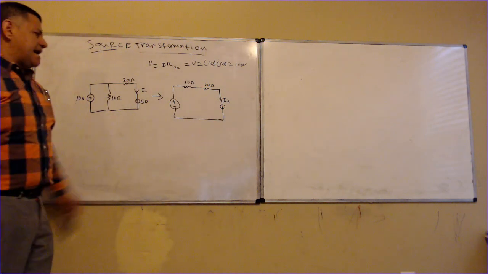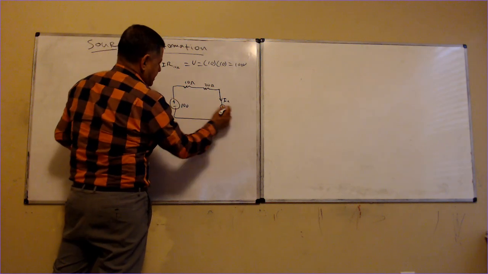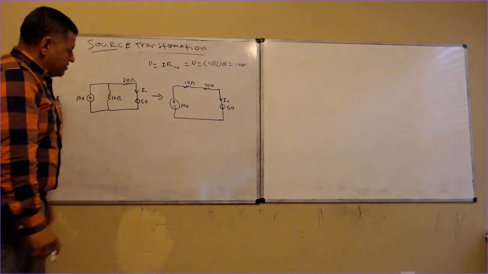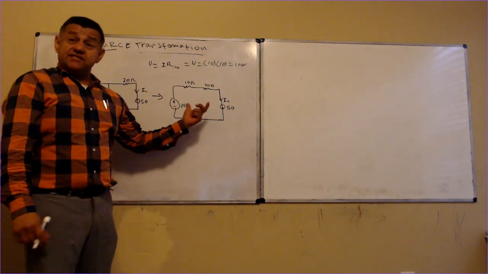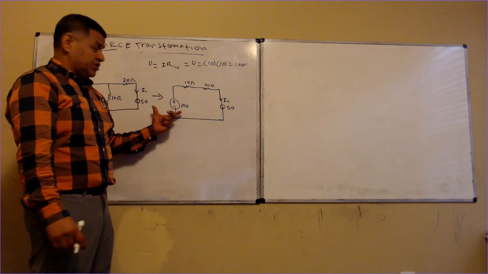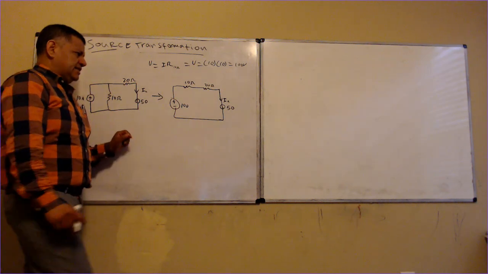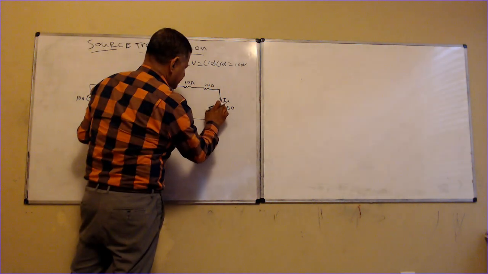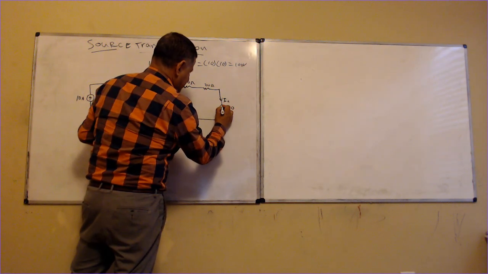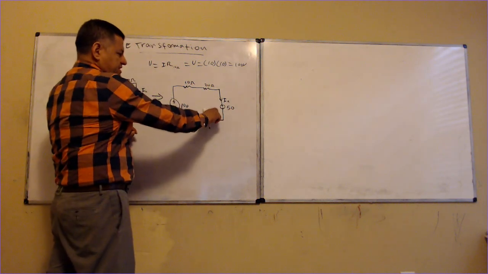Notice that right now I have two voltage sources. This one is 100 volts, and this one is still 50 volts. Now they are both in series. What can I do when I have two voltage sources? I can add them, making sure this is a plus and this is a minus.